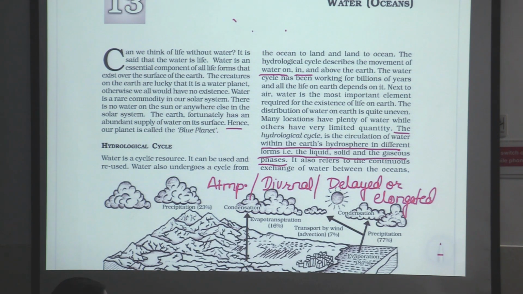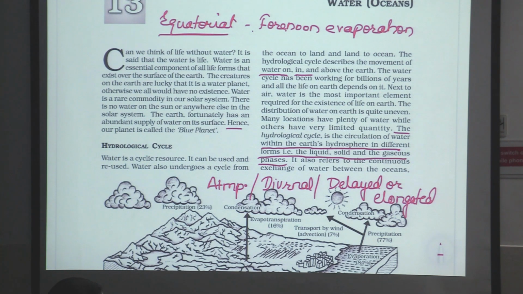If I have to talk about the diurnal or daily hydrological cycle, we largely experience it in equatorial climate. Basically, in equatorial climate, we identify forenoon evaporation leading to afternoon precipitation.